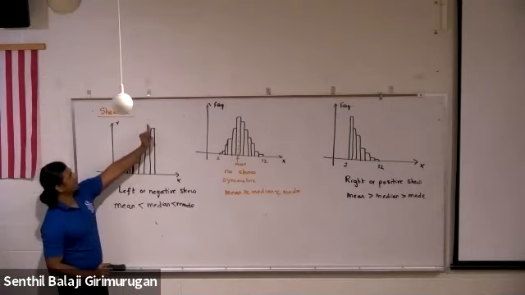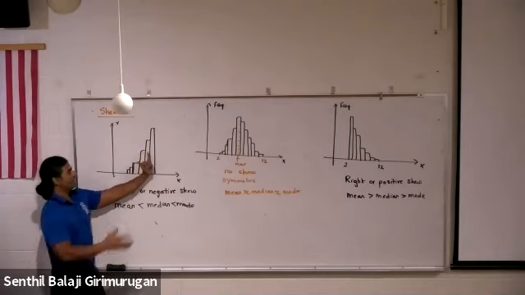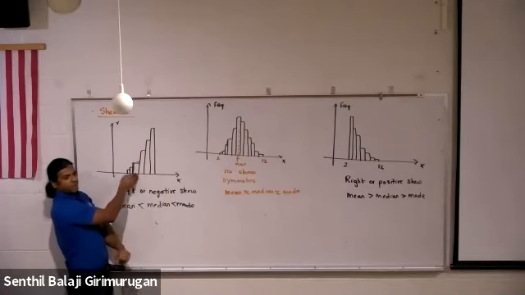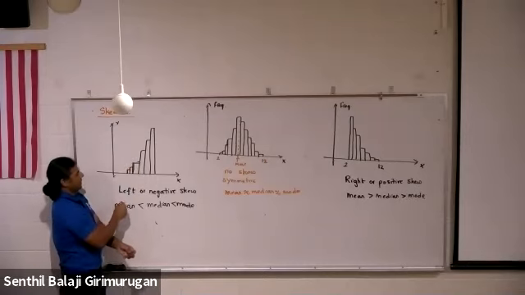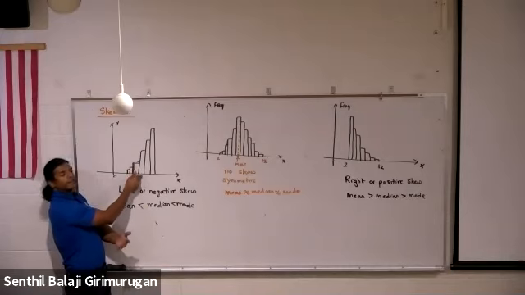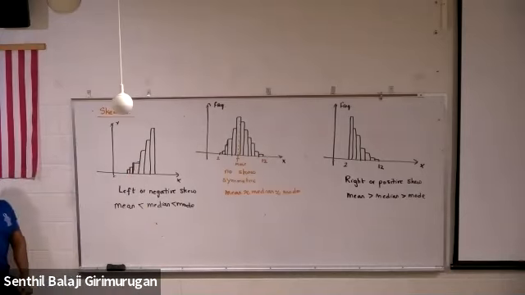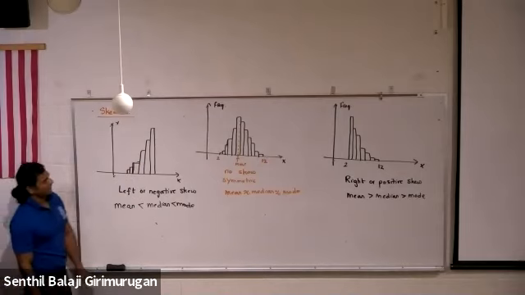The mode is right here, correct? The average of all of those cannot be right. It's probably somewhere here. Agreed? Because there are some here, some there. The median is probably here as well. This inequality doesn't always work, but 90% of the time it works.